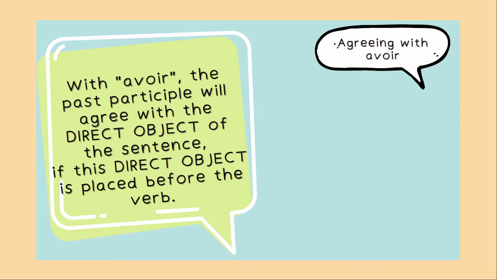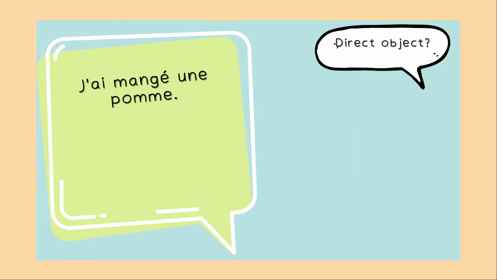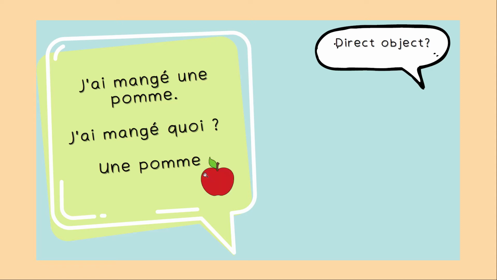Now let's see how that works. So most of my students will ask, okay, that's great, but what is a direct object? So let's take this example. J'ai mangé une pomme. J'ai mangé quoi? What did I eat? Quoi? Une pomme. An apple.